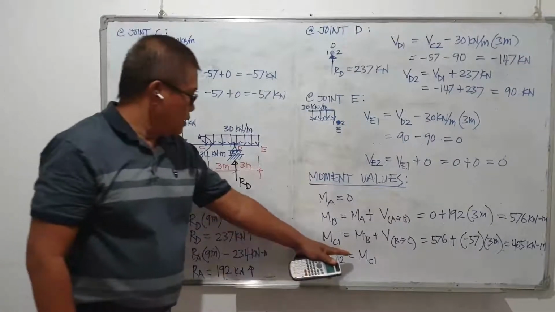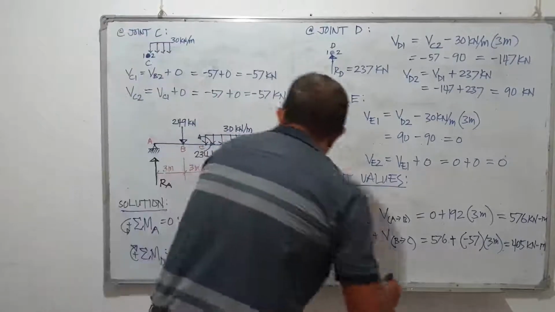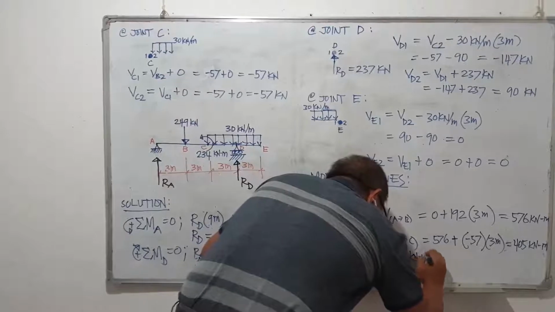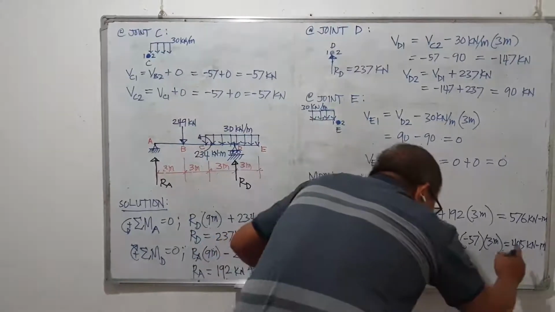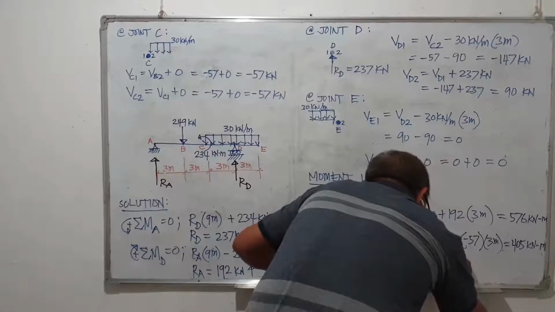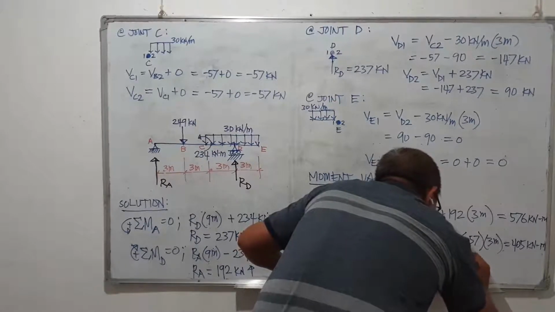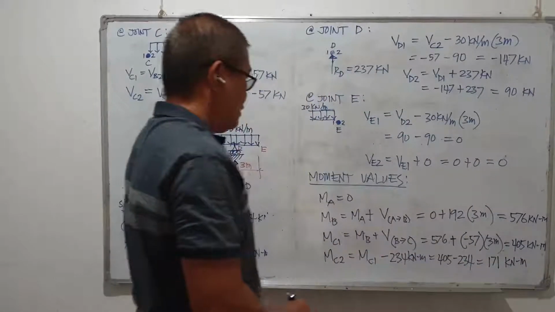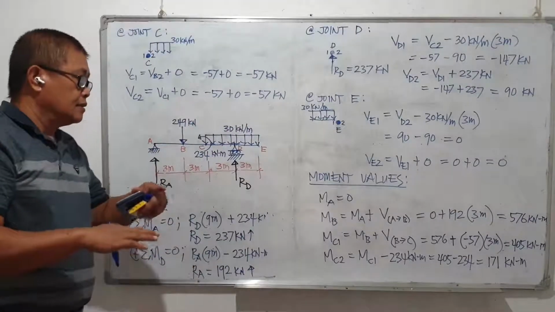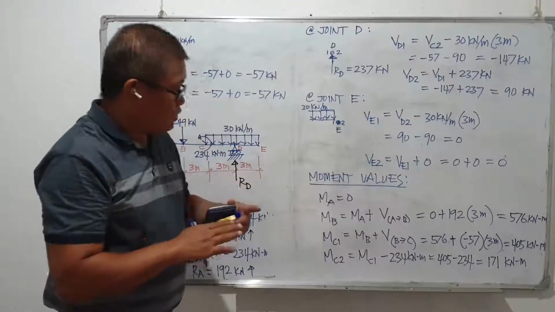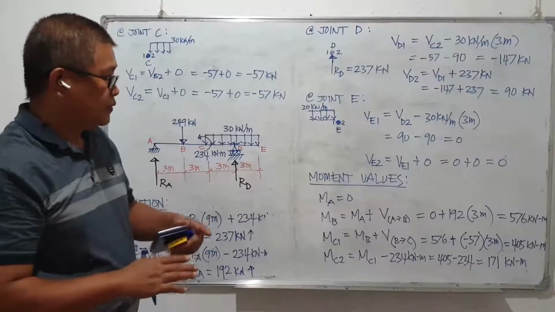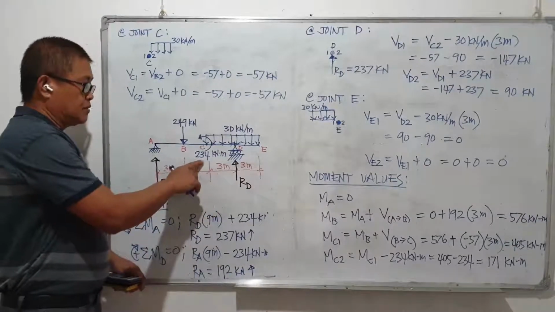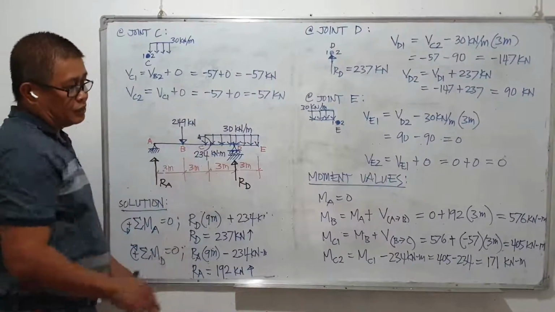So M sub C2 is 405 minus 234, which is 171. A little to the left of point C we have a moment of 405, while a little to the right it reduces to 171, because it is reduced by the applied moment of 234.